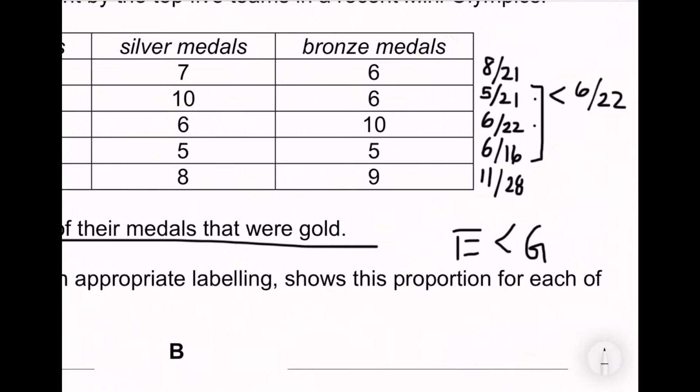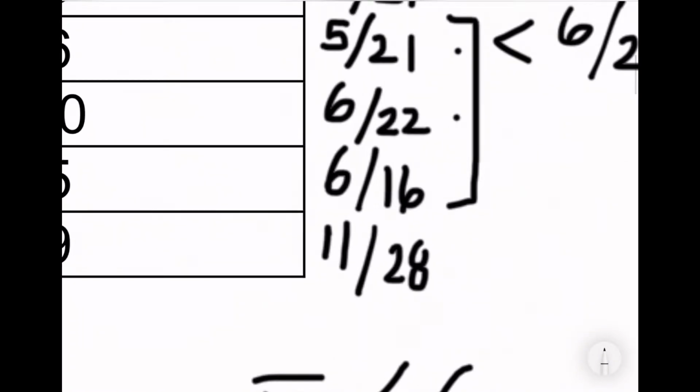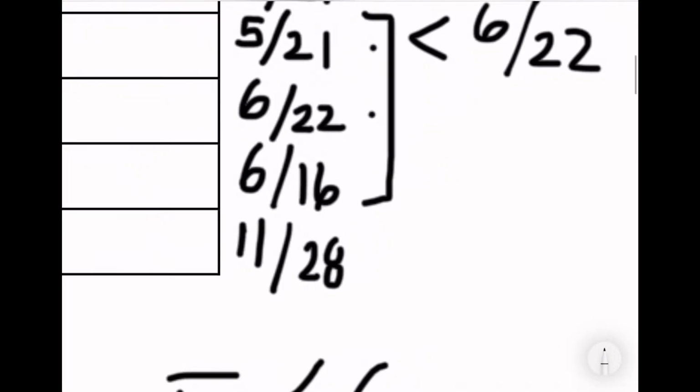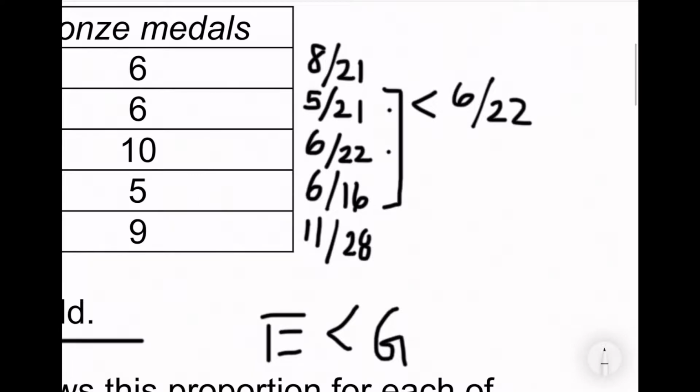Then I want to look at these two. 6 out of 22 versus 6 out of 16. Which one of these is the larger fraction? Well, because the denominator is smaller, the fraction is larger, right? So 6 out of a smaller number on the bottom is a larger number. So we know that 6 out of 22 is going to be less than 6 out of 16, and we can move that to here.